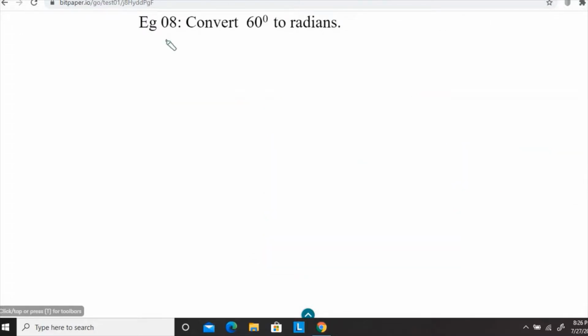Convert 60 degrees to radians. We know that 360 degrees is equal to 2 pi radians. So if I divide both sides by 360 degrees, I get 1 equals 2 pi radians divided by 360 degrees.